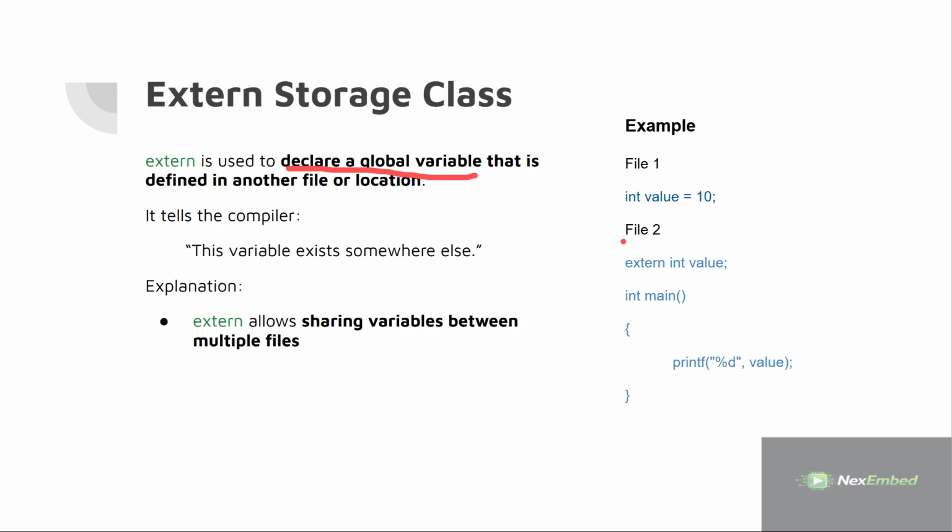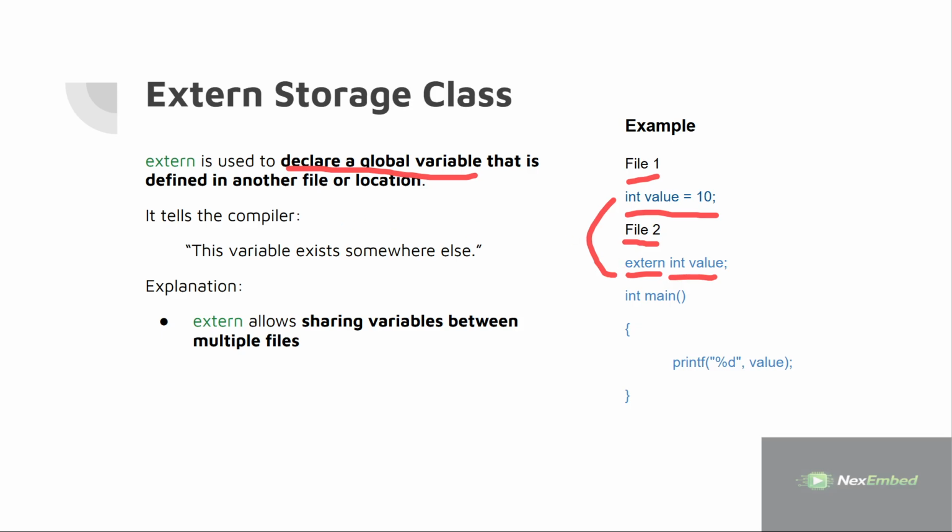Like I can say I'm having two .c files. Inside one .c file I have declared int value equal to 10, and in my file 2 I am having the variable with the storage class of extern. It automatically interconnects and gets the value 10 from file 1. This is the speciality of using extern storage class.